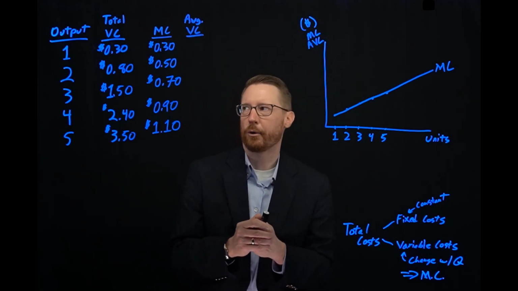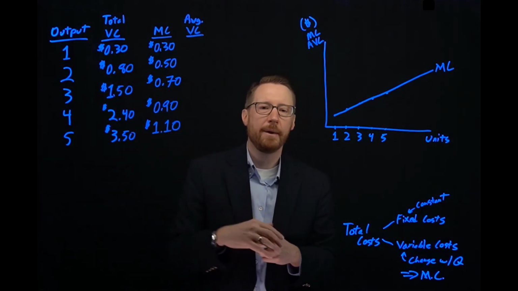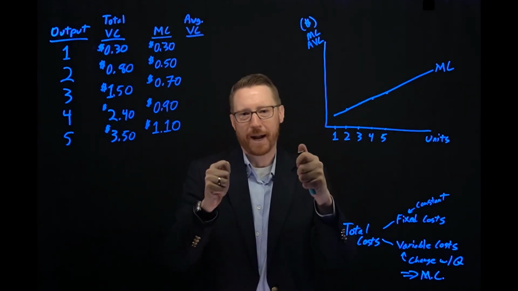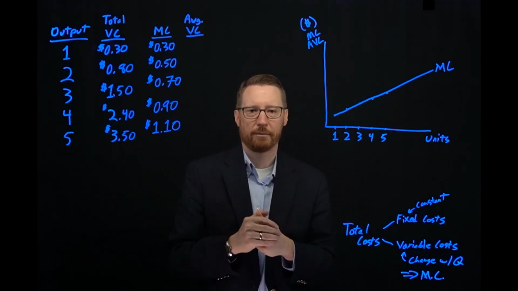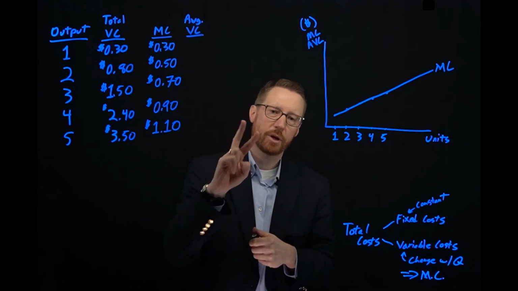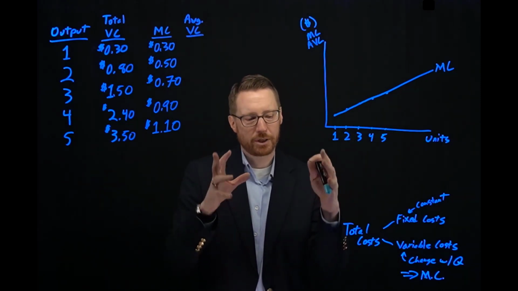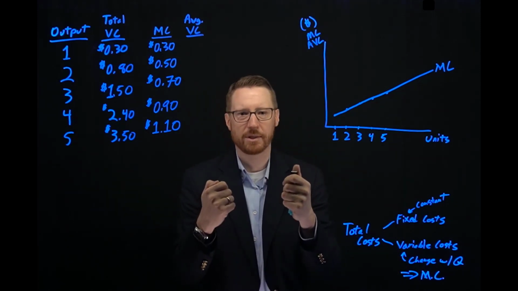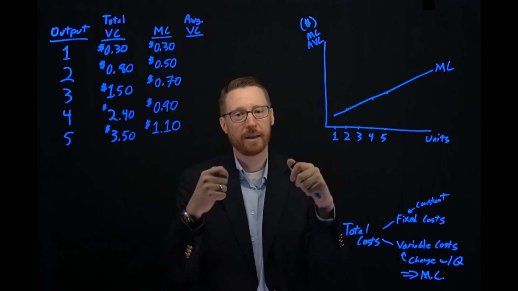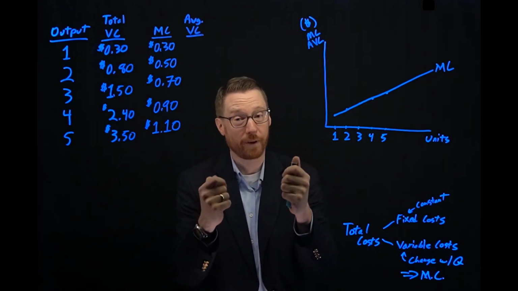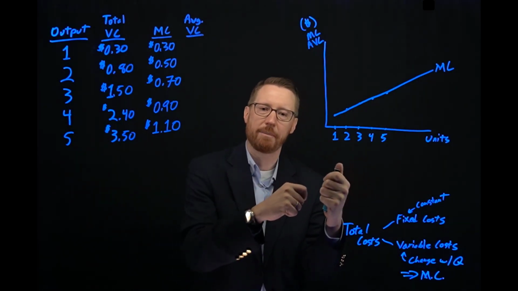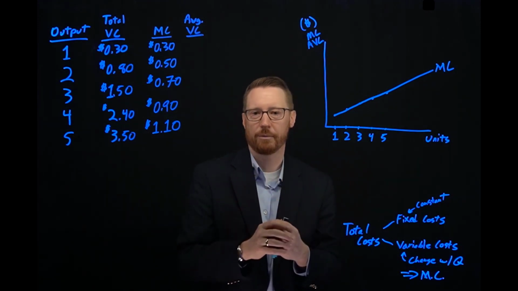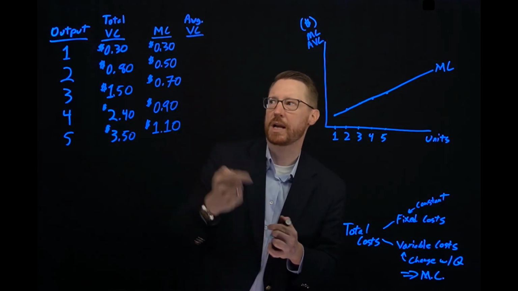So we say, in order to produce 1 cup of coffee, how much do we need in terms of beans and people? Divide by 1, and we know our average variable cost. If we're going to produce 2 cups of coffee, how much in terms of inputs do we need in terms of beans and people? We measure this in dollar terms, and we say, okay, if those are our total variable costs, then we just divide by the 2 cups of coffee we made, and we have found the average variable cost. So let's fill in this column.